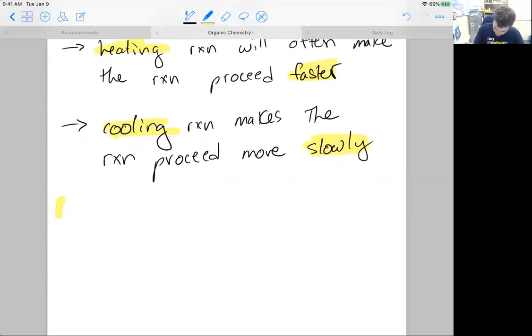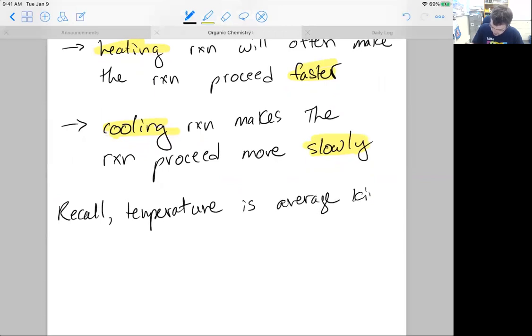Recall that temperature is the average kinetic energy of a system. And this is a good explanation if you want to be a little bit more precise.